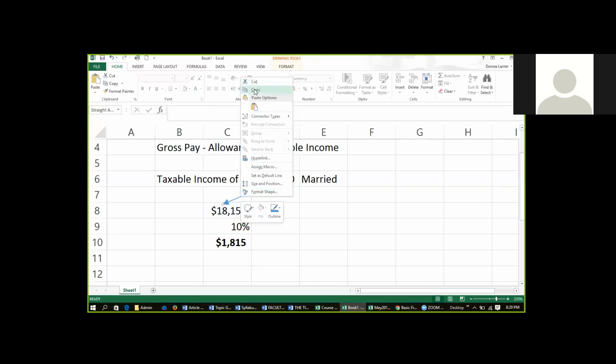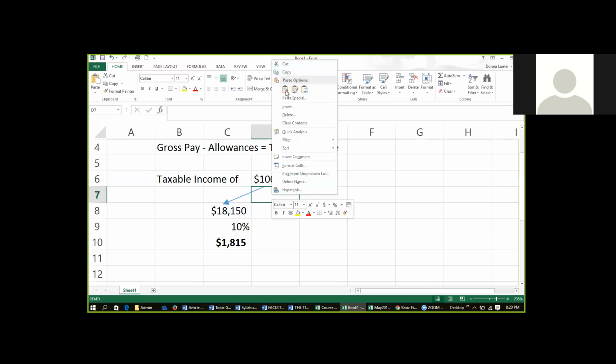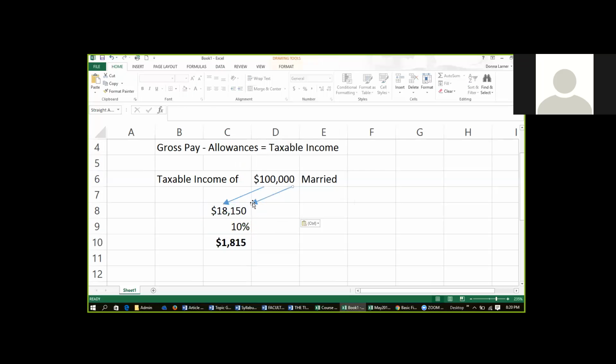So let's give them some more to look at here. And the next chunk that they need to look at is another $54,000.